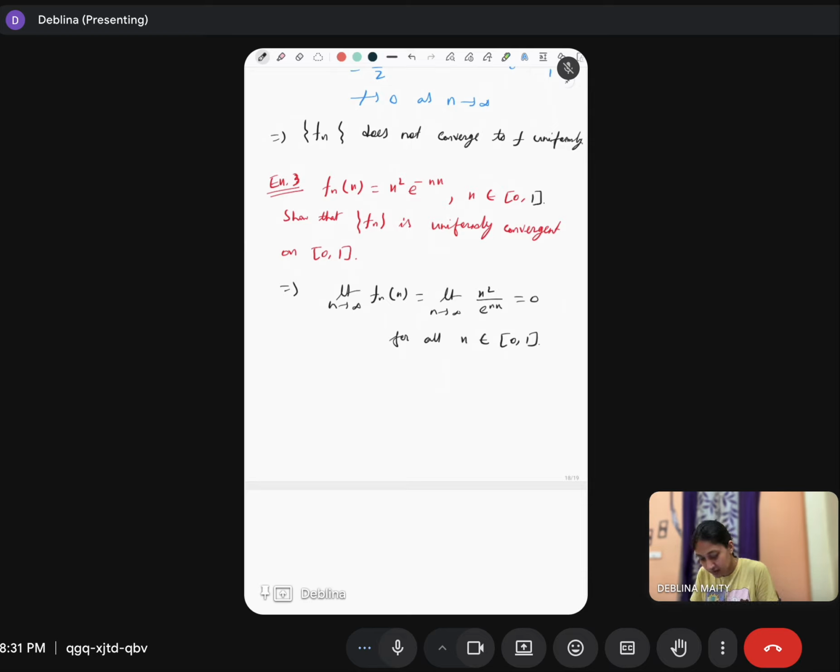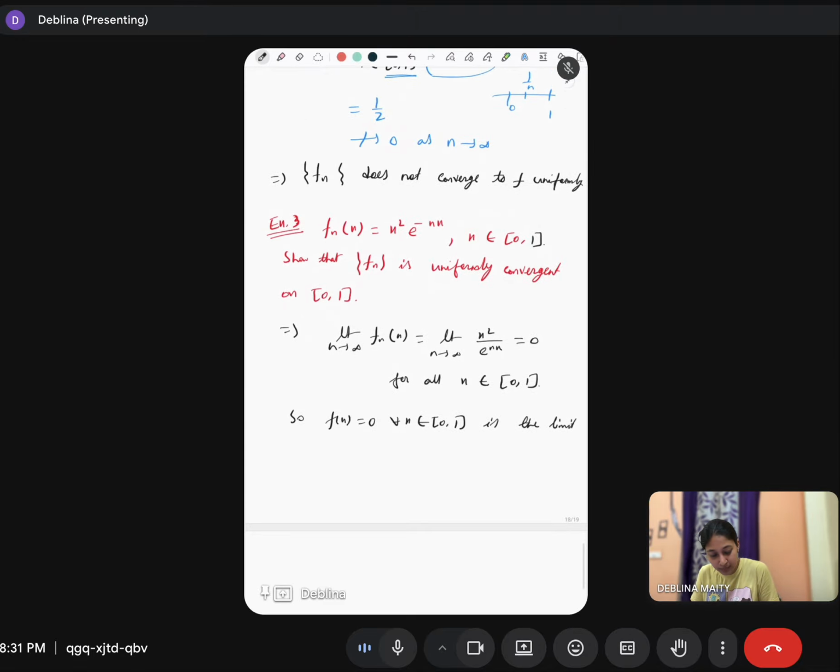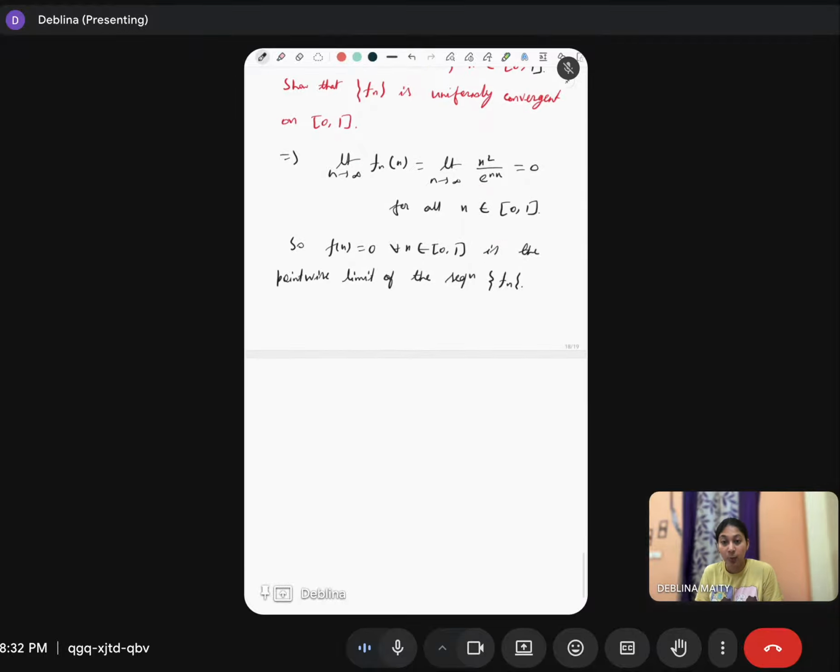So the 0 function is the pointwise limit of the sequence fn, right? So fn converges to the 0 function pointwise.